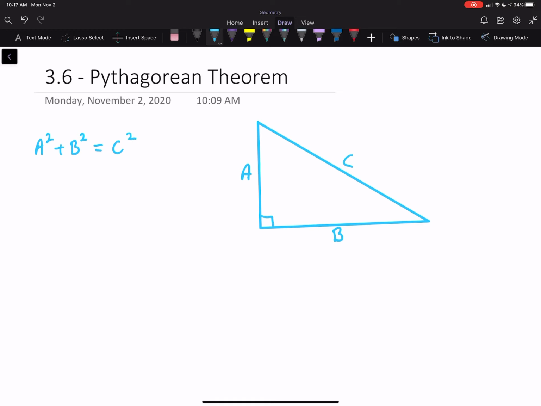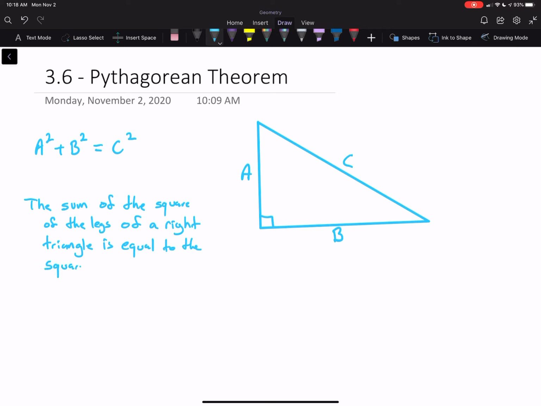And so the sum of the squares of the legs of a right triangle is equal to the square of the hypotenuse.